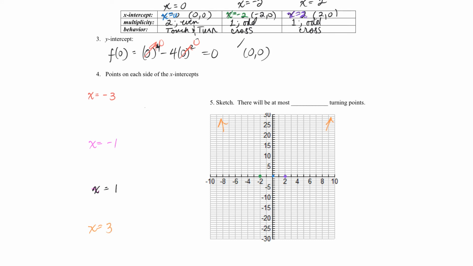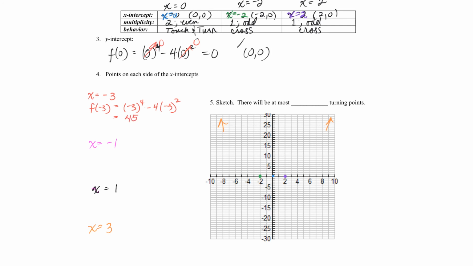Okay, so for the first one, f of negative 3 equals negative 3 to the 4th minus 4 times negative 3 squared. And I went ahead and plugged that into my calculator, and it's equal to 45.